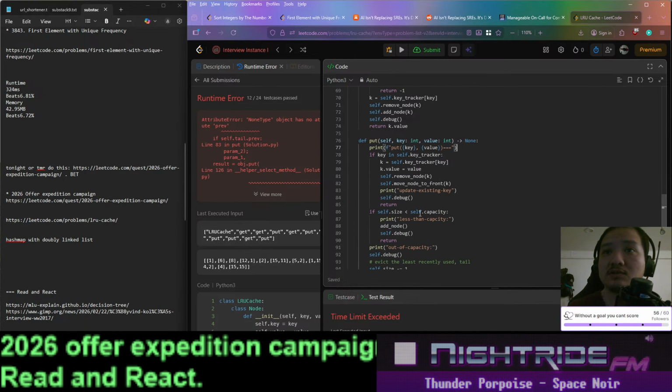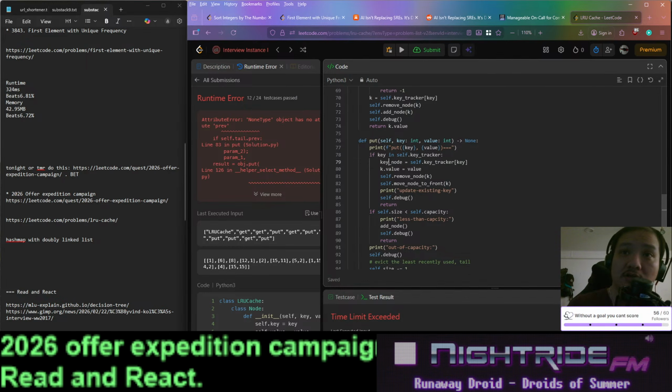And this code situation is if key is found, then change the value, remove key node, node.value. This is add node.